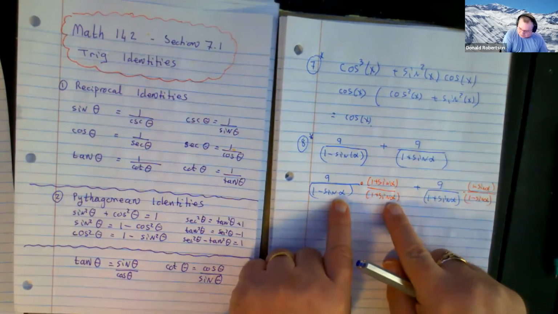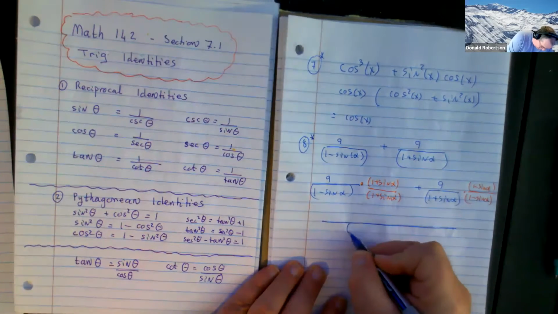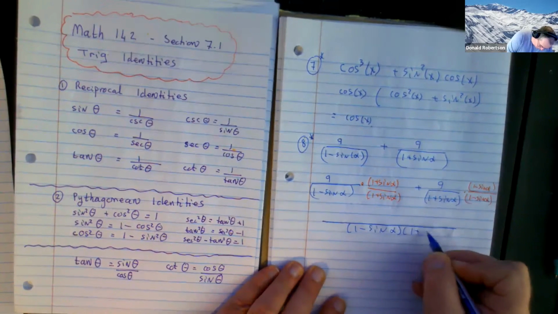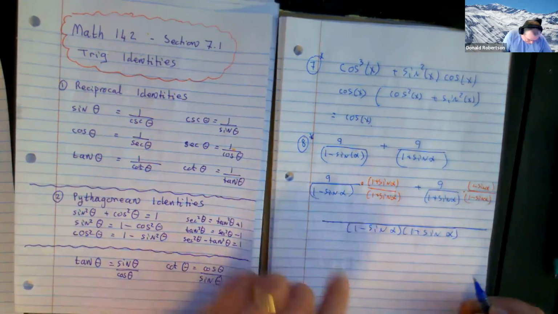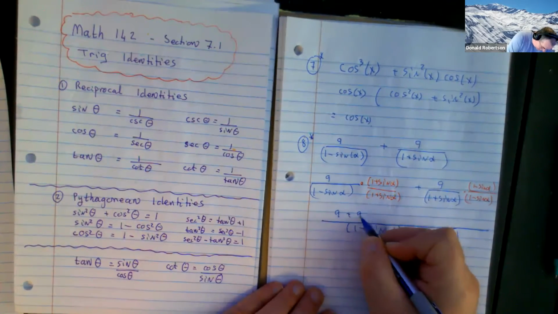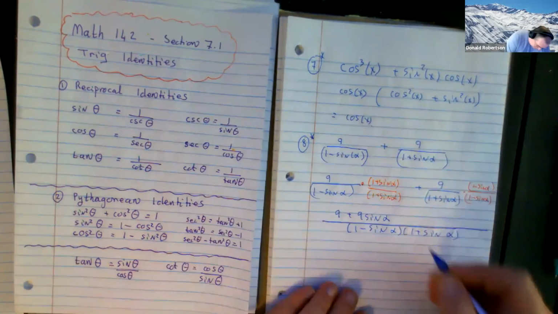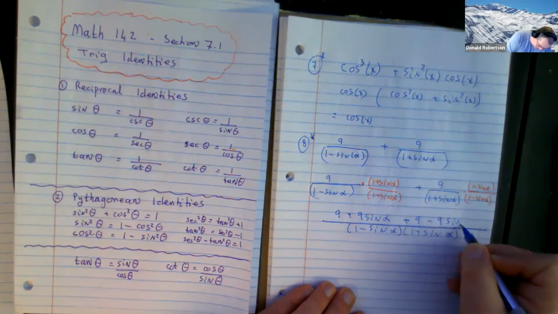Which is basically these two guys. So I can do a single fraction now. A 1 take away sine alpha and a 1 plus sine alpha. And that times that gets me 9 plus 9 sine alpha. And that times that gets me 9 take away 9 sine alpha.